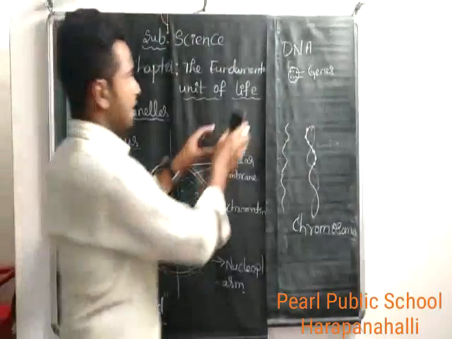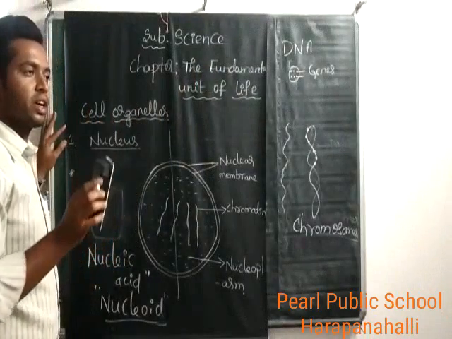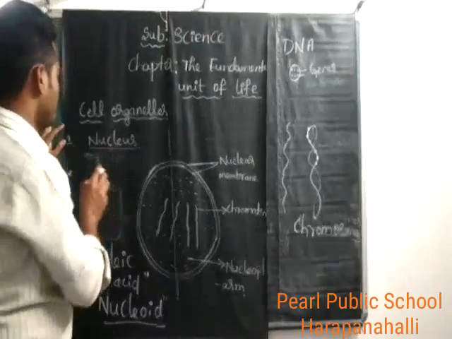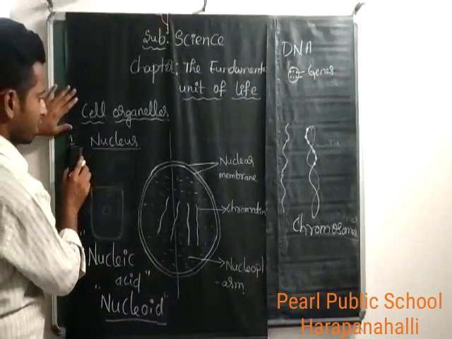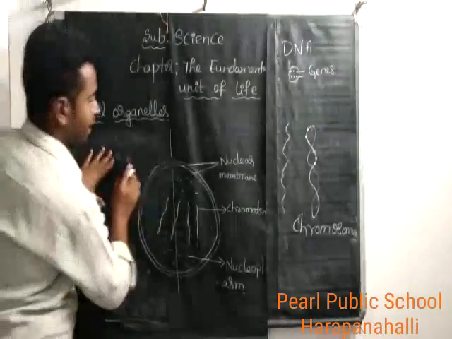Take one example of a cell consisting of an undefined nucleus or undefined nuclear region. For example, take a bacteria.